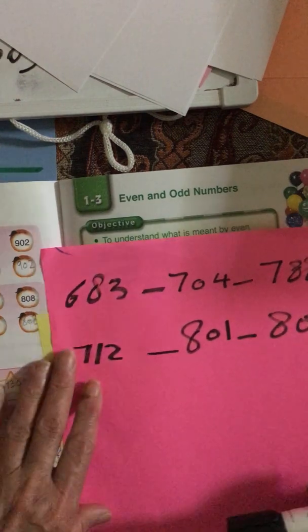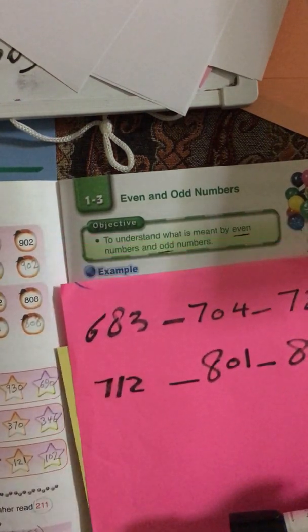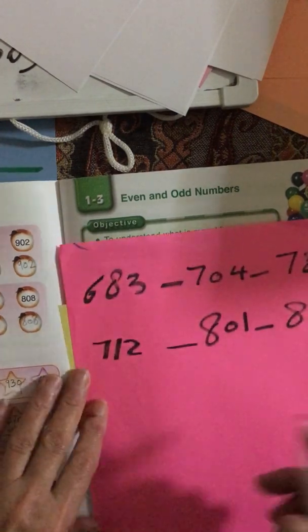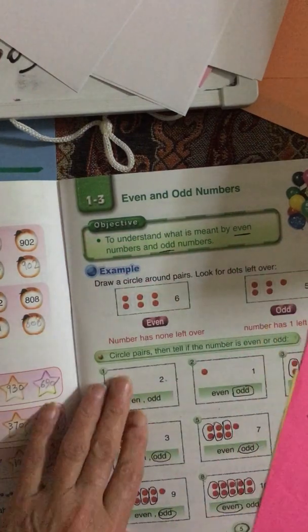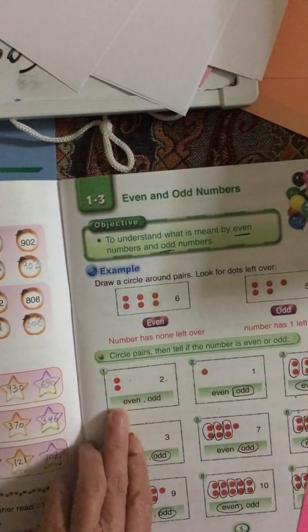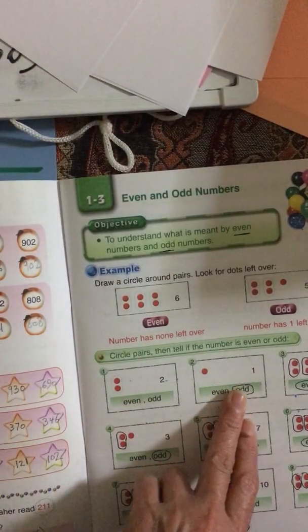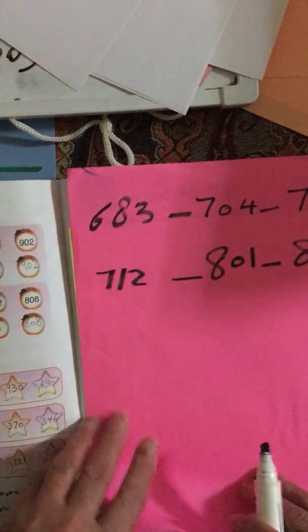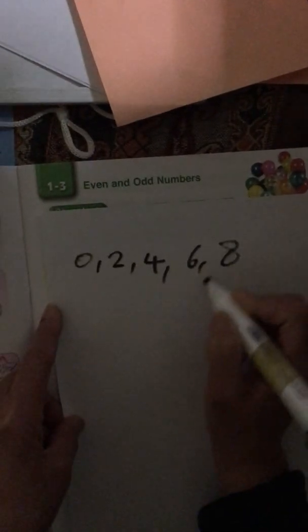Okay, let's go to lesson 1.3, even and odd numbers. If I need to decide whether this number is even or odd, look at the ones place. If you have 0, 2, 4, 6, 8 in the ones place, my number is even.